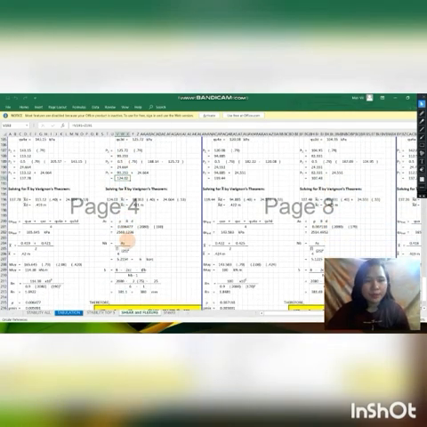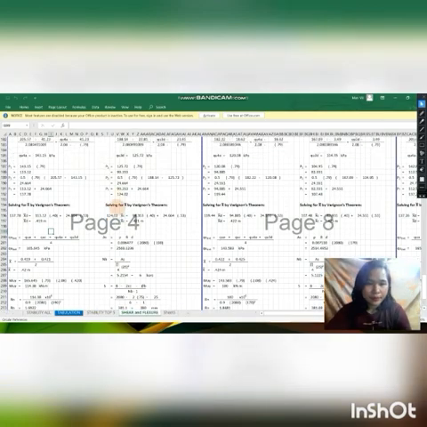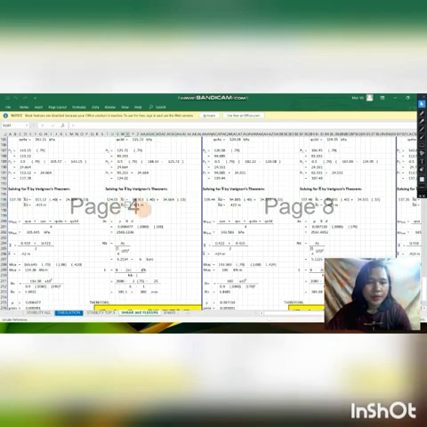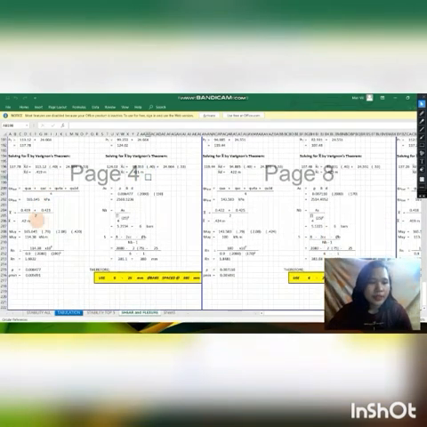So solving for our X bar by Varignon's theorem, we will have the P total times X bar D is equal to area 1 times its X plus area 2 times its X. So we will get the value of 0.419 meters for our X bar. And the same goes with the other part, and we will get the X bar C equal to 0.421. So getting the average of that X bar, we will have the answer of 0.42 meters.